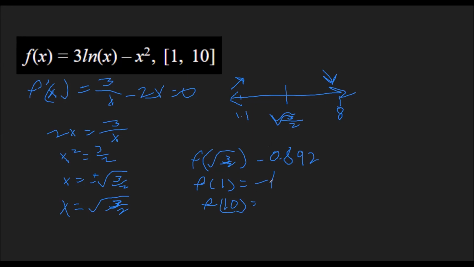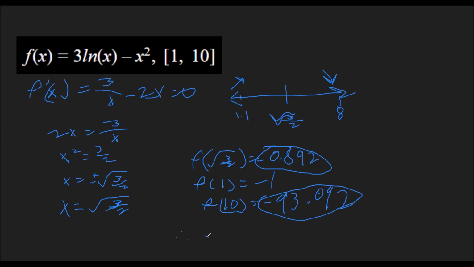But let's find f of 10, which again I already plugged in. You're welcome. It's negative 93.092. Okay, so this right here is our highest value. So this is going to be our absolute maximum, and this is going to be our absolute minimum.